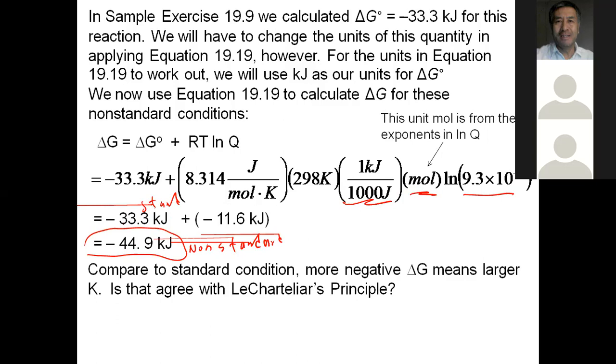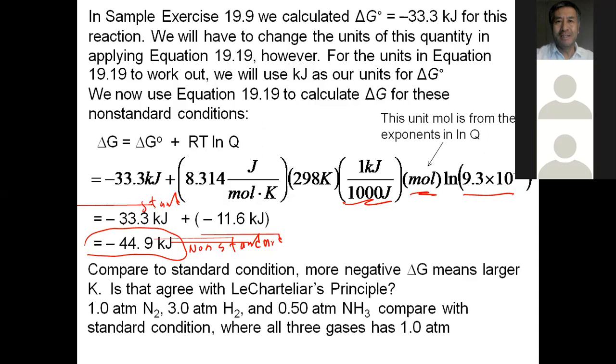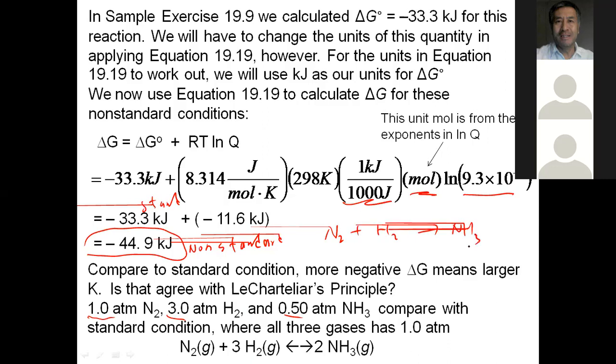Does that agree with Le Chatelier's principle? Le Chatelier's principle tells you where it shifts, to the reactant or to the product. We can use it to predict the new condition compared with the standard condition, and then we can say that it agrees. At the standard condition, we have N2 and H2 producing NH3, at 1 atm, 1 atm, and 1 atm.